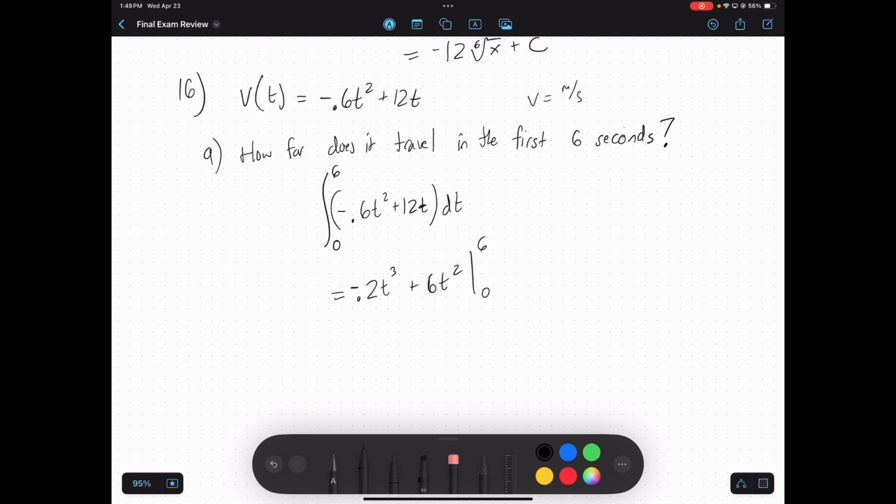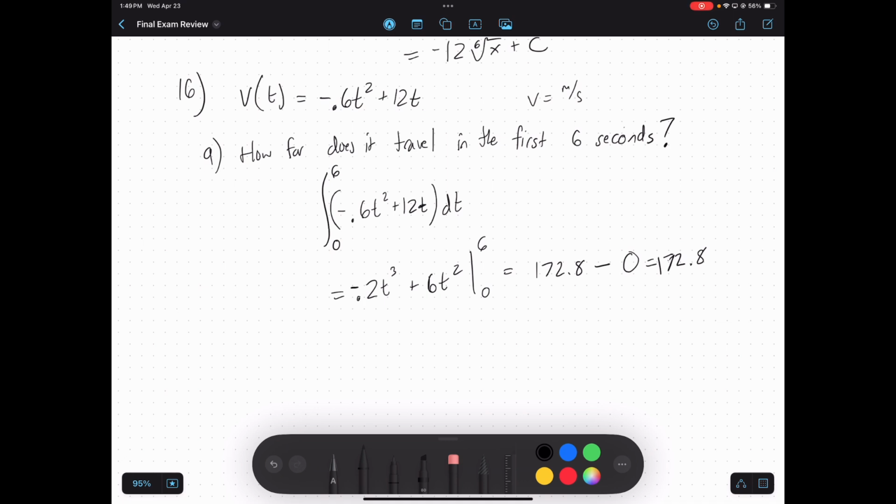Plug in your values, and you're left with 172.8 minus, what happens when you plug in 0? You just get 0. So this means over those first 6 seconds, the particle moved 172.8 meters to the right, because it's positive.